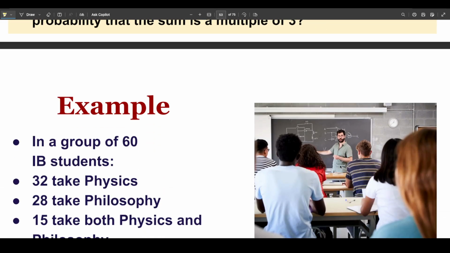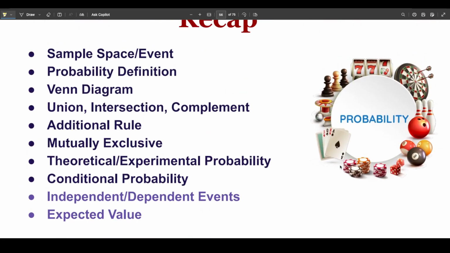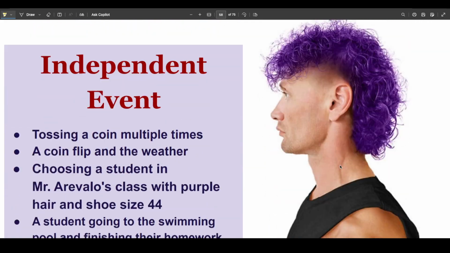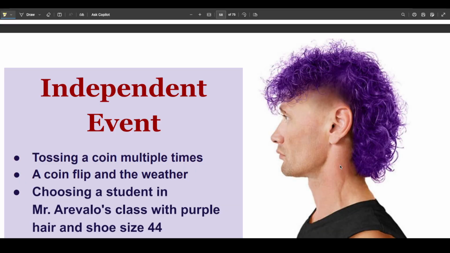Okay, I'm going to be faster here because honestly I'm a little tired. Okay, what are independent and dependent events?